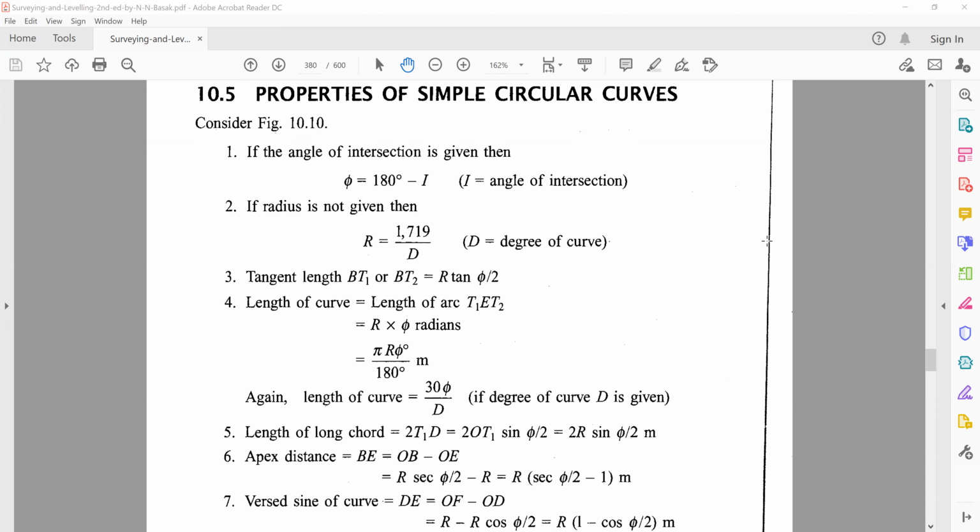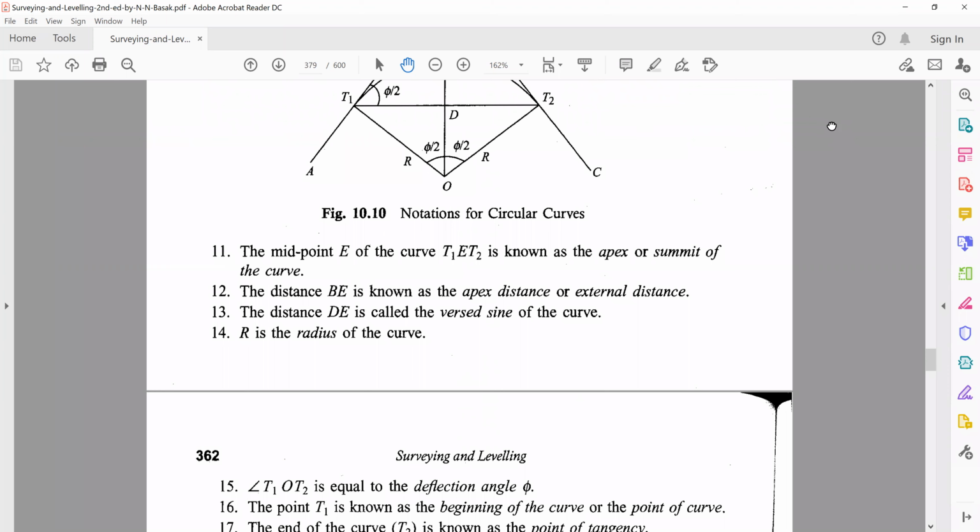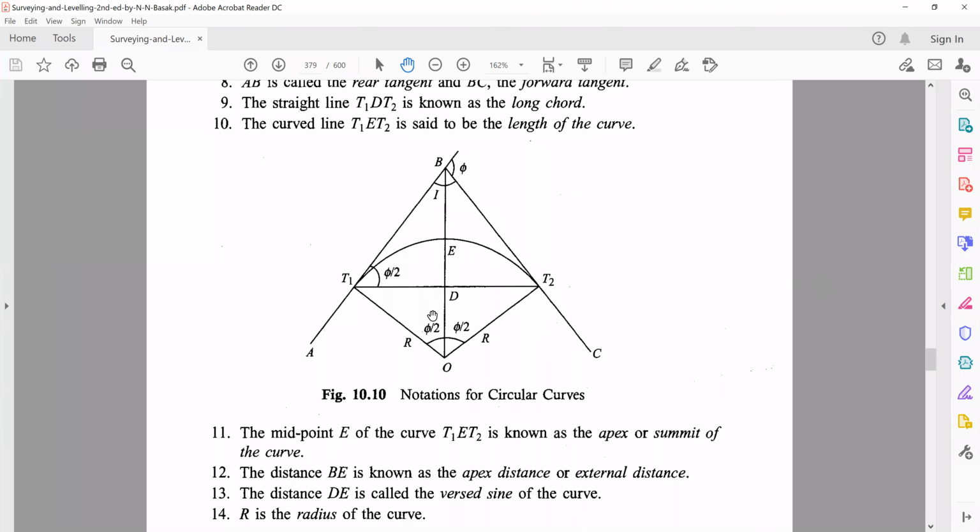So we were discussing point number 3, the tangent length BT1 or BT2, which is equal to R tan phi by 2. If you look at the triangle BT1O or BT2O, the angle at T1 is a right angle.